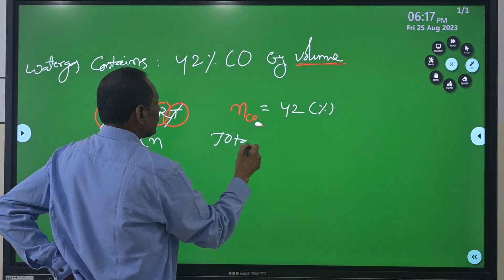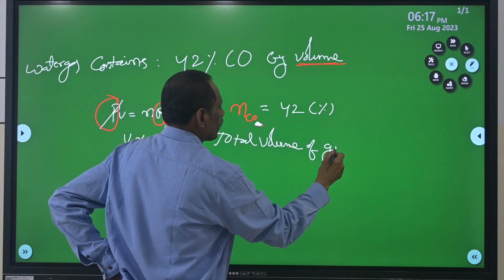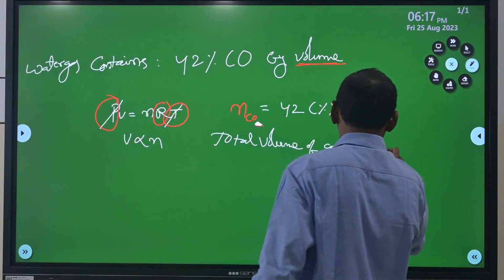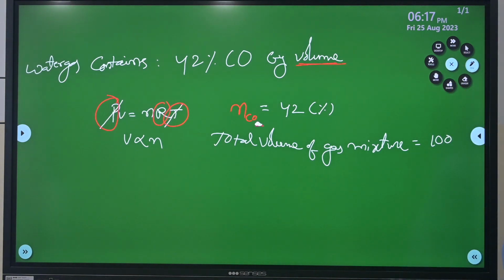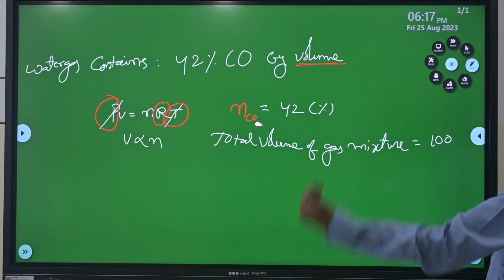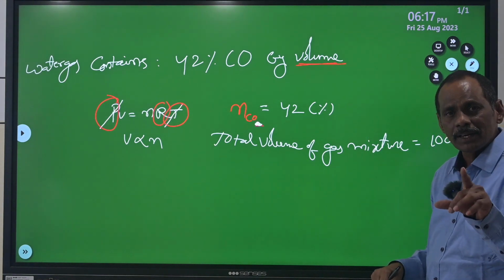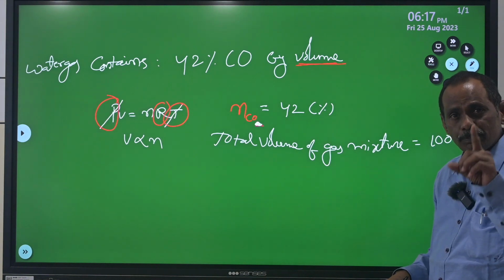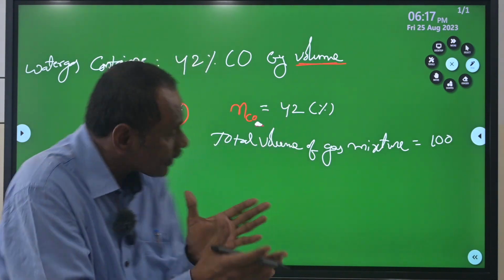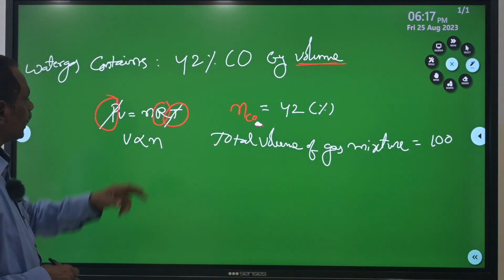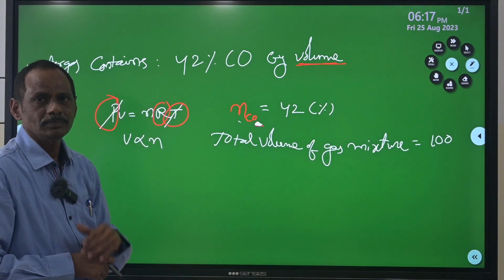The total volume of the gas mixture, which is water gas, is 100. In that, the volume of carbon monoxide is 42. That is the meaning of 42% of carbon monoxide by volume. That is the concept behind it. Therefore, instead of number of moles, you may take the volume.